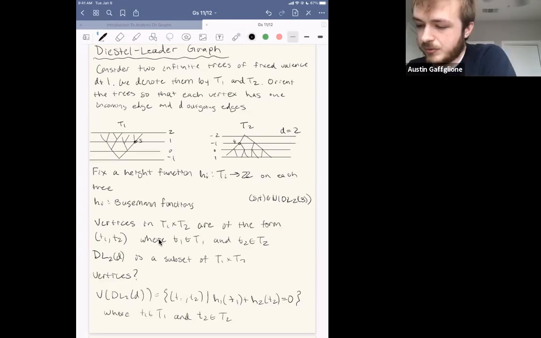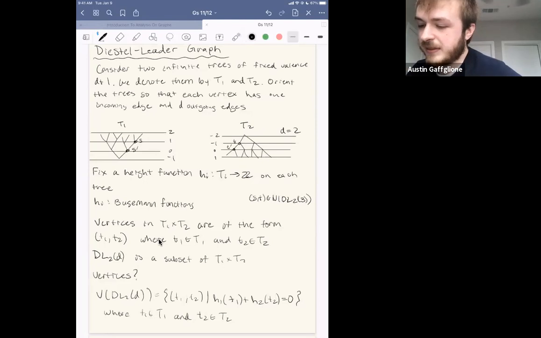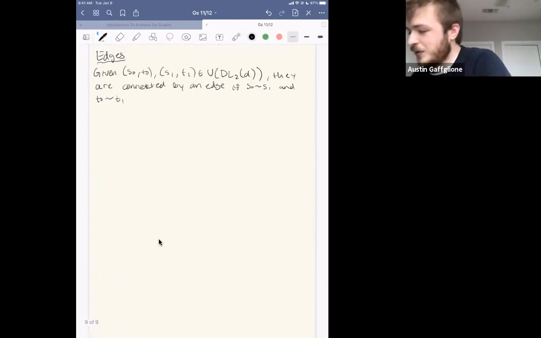If I take, for example, S prime and T prime, just one level over, the height functions with respect to S prime and T prime add up to 0 because they're both on layer 0. So the pair (S prime, T prime) is a vertex in the Diestel-Leader graph, and S is connected to S prime and T is connected to T prime. So this would correspond to an edge in the Diestel-Leader graph. Okay, thanks.